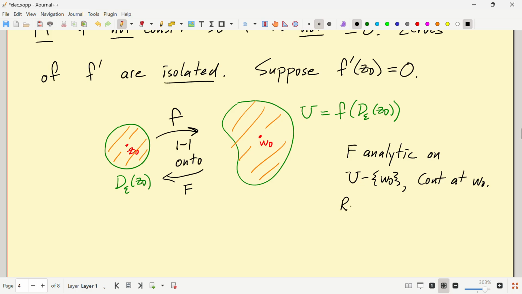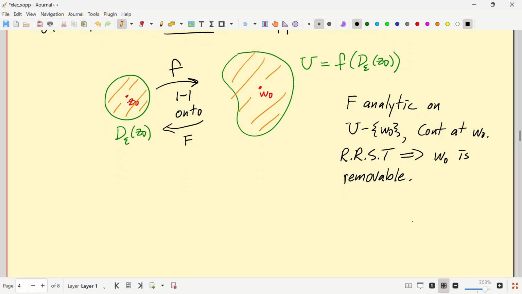So the Riemann removable singularity theorem implies that w naught is removable. Okay, and now, when you think about that, let's think about capital F of little f of z is z.